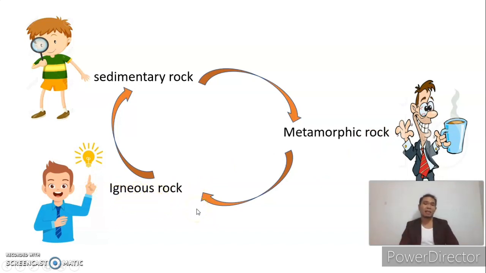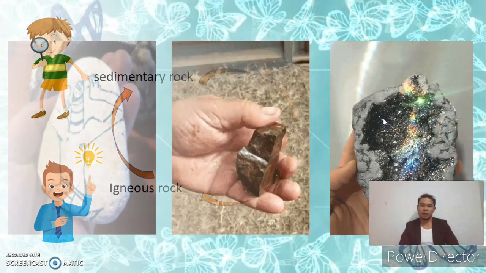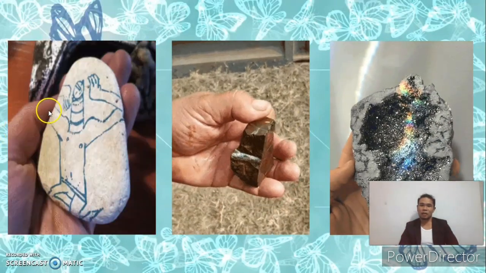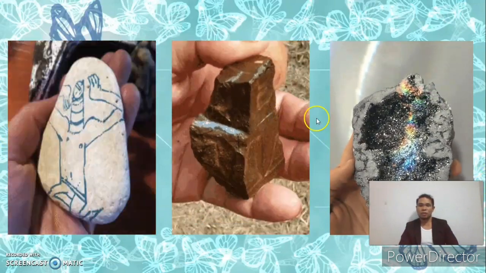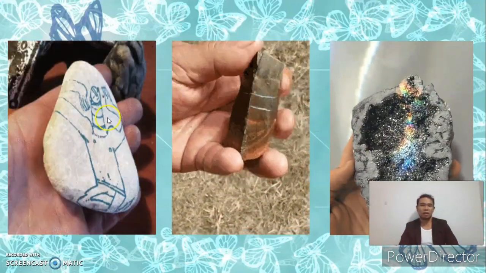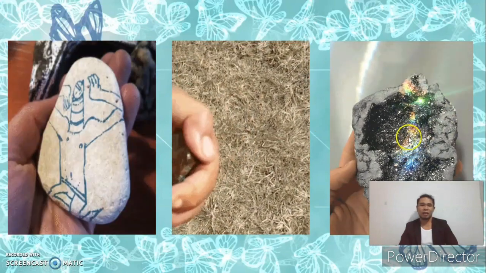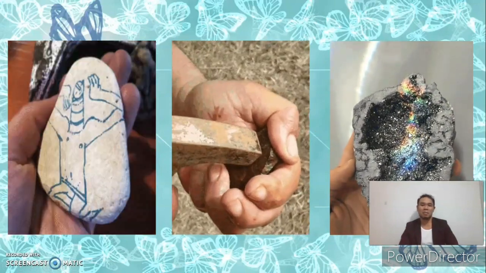So those are the three categories of rocks and the rock cycle. You see here the pictures of stones, rocks and minerals.